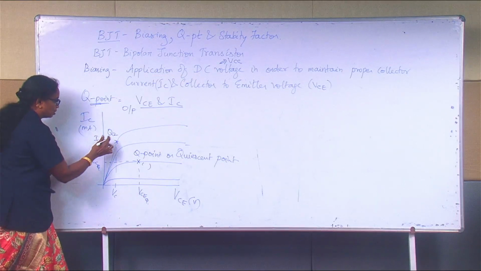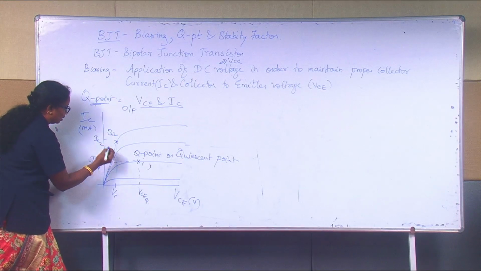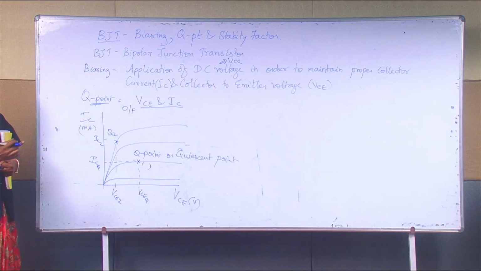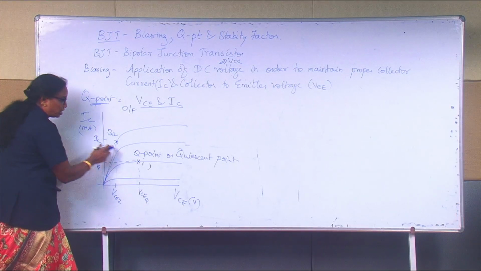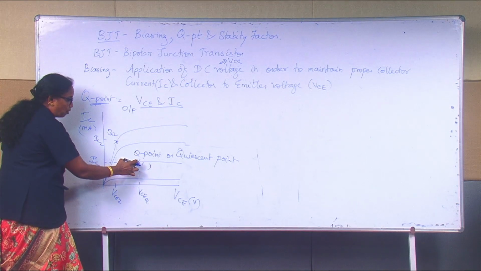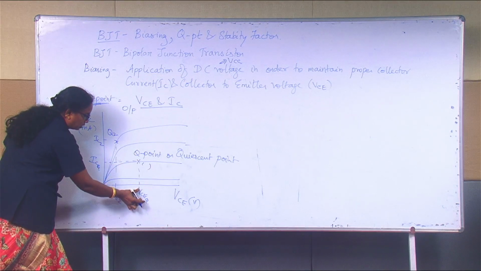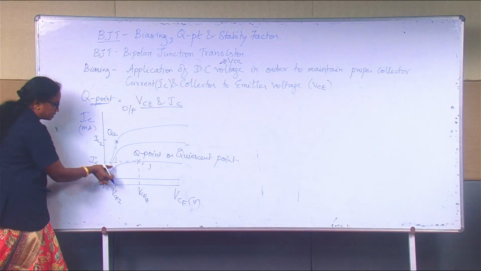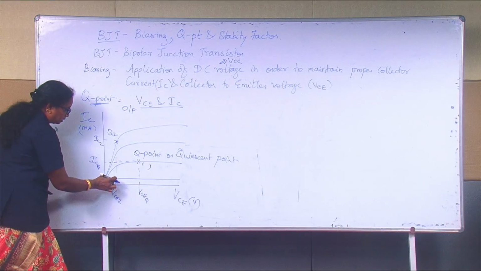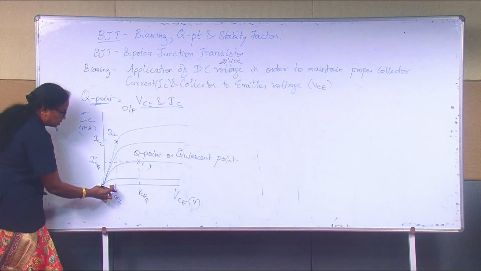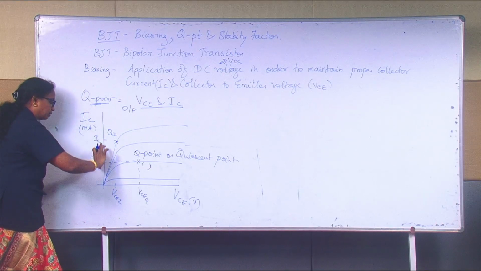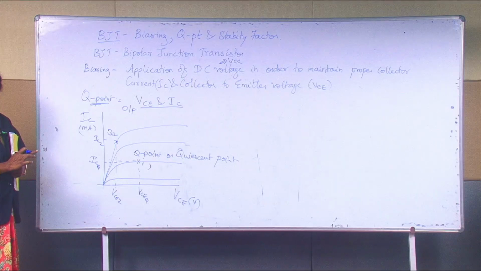In order to differentiate, I simply add a suffix here, VCE2. So what you are able to see in the change here: if you take this device which has a Q point, the value of collector to emitter voltage and collector current lies exactly in the middle. If I take this as my Q point, see here the range of voltage and the range of collector current that the transistor has.